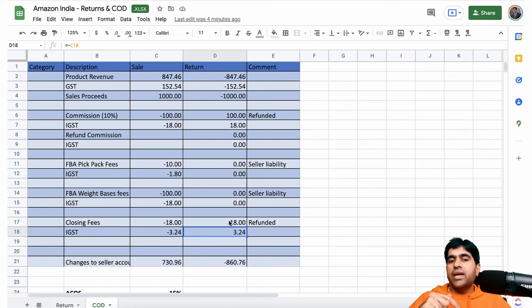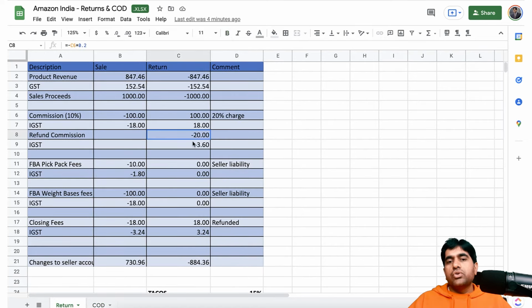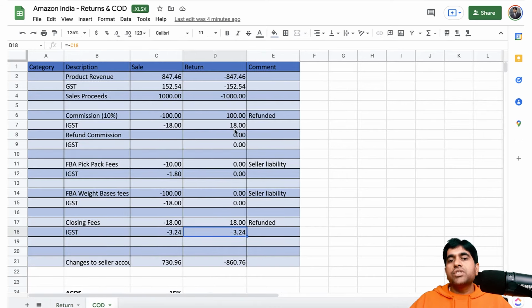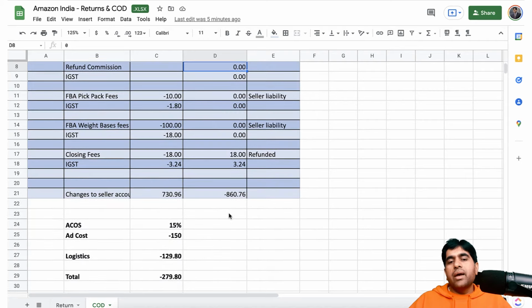So just relating back to what happens during a return: during a return, Amazon charges a refund commission of around 20%, but for CODs, Amazon doesn't charge anything, right? So that's why it's a little favorable for you as a seller in this case, but overall the numbers don't change, right?